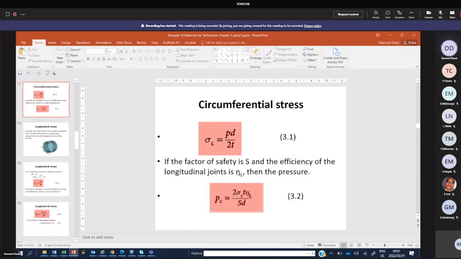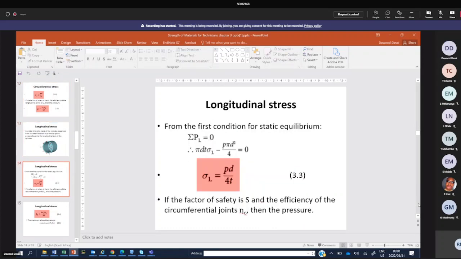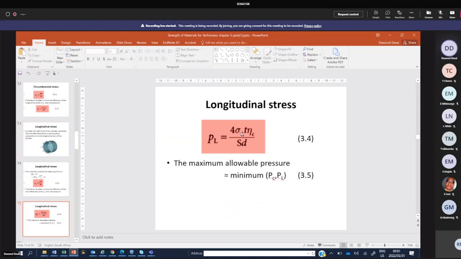This one is 2. So this one is 4 times the stress in the longitudinal direction times the wall thickness times the circumferential efficiency. Watch out, be careful. Upon factor of safety times D.